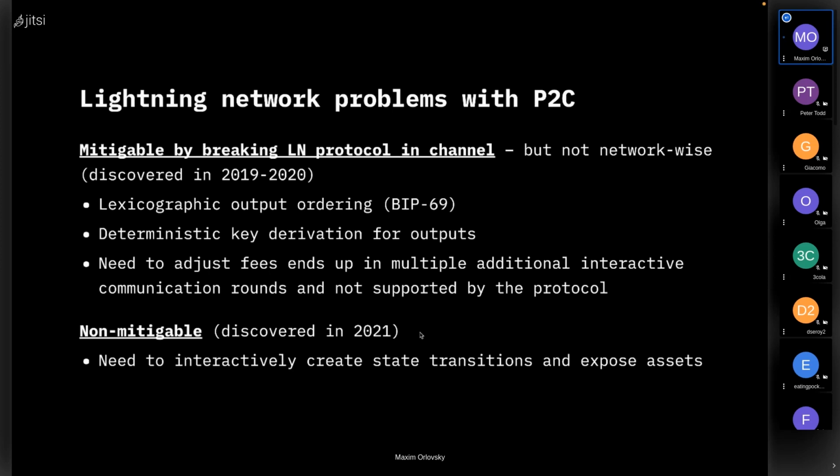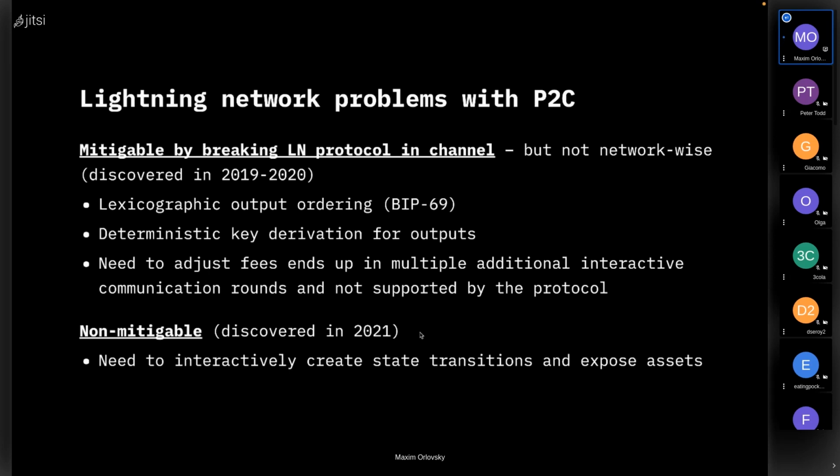The other part is that Lightning Network deterministically derives keys for outputs, which doesn't work when you apply a tweak to the key. And finally, Lightning Network has very strict algorithms for defining fees, and the pay-to-contract mechanism of putting the commitment into a specific output is also not very compatible with that.